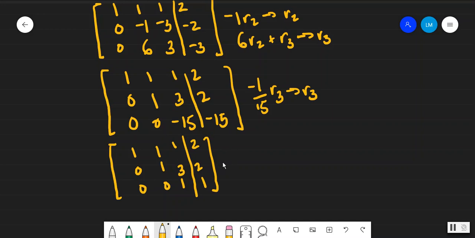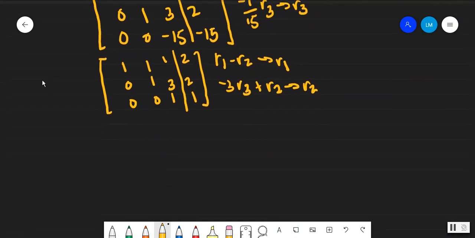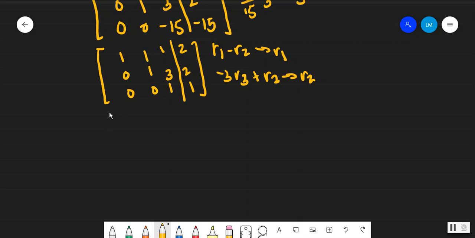But let's go ahead and just continue this, where we'll say, let's do row 1 minus row 2 to give us a new row 1, and then let's do negative 3 times row 3 plus row 2 to give us a new row 2. What this is going to do is give us that the new matrix is going to be 1, 0, negative 2, and then that's going to be 0.